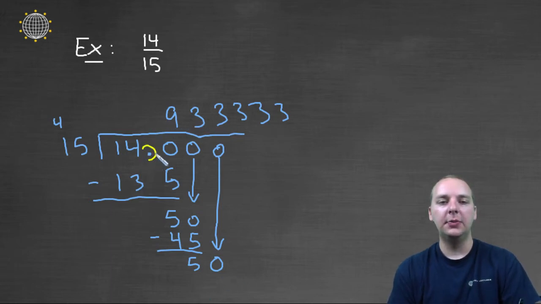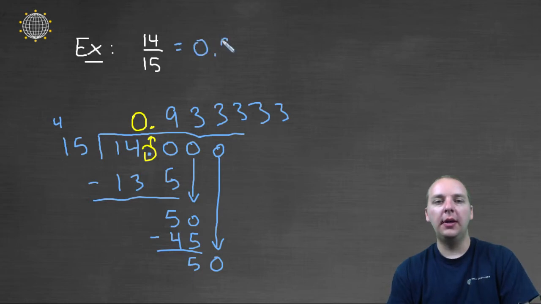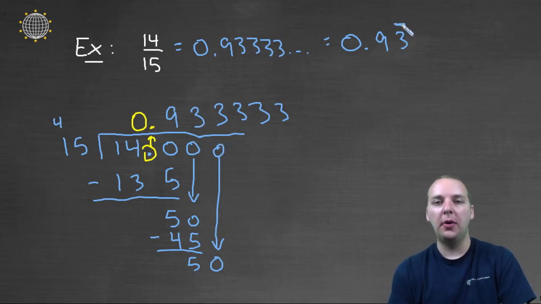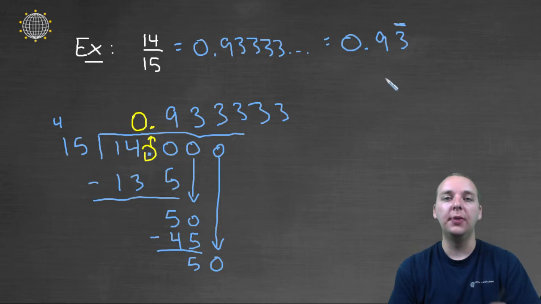I'll take this decimal, write it in the same place for the quotient, and so our answer would be 0.933333 repeating. And to write this shorthand, we'll write 0.93, but since the 3 is what's repeating, I'll put a bar over it, just to indicate to a reader that that 3 is going to repeat forever.